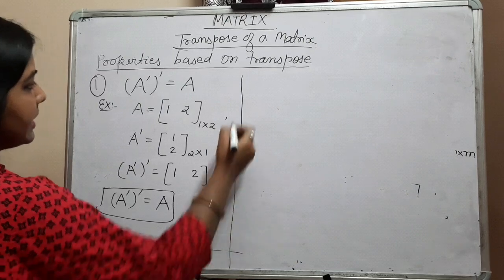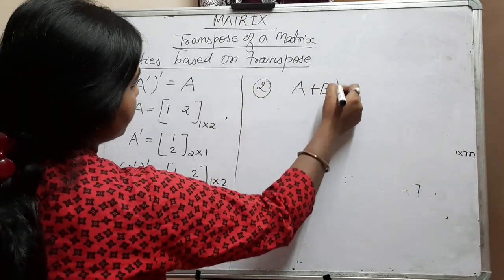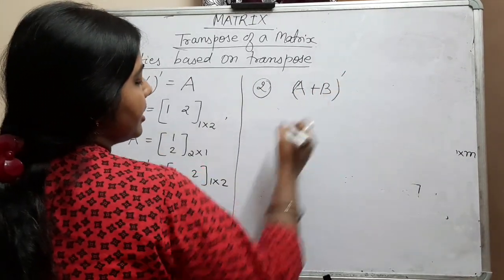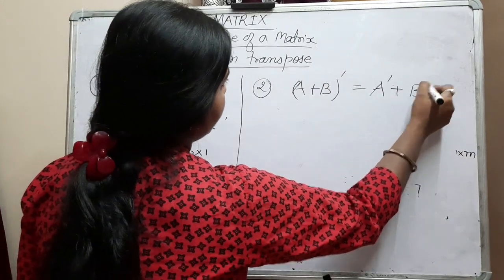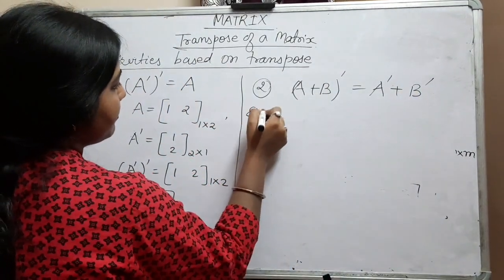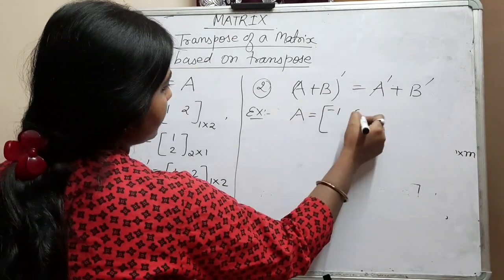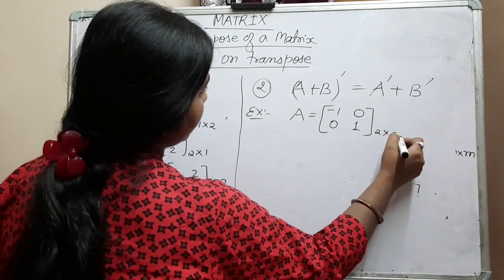Now the second property: when we take two matrices with addition sign, A plus B, and then find the transpose, this equals A dash plus B dash. Example: matrix A is minus 1 0 0 1, of 2 by 2 order.